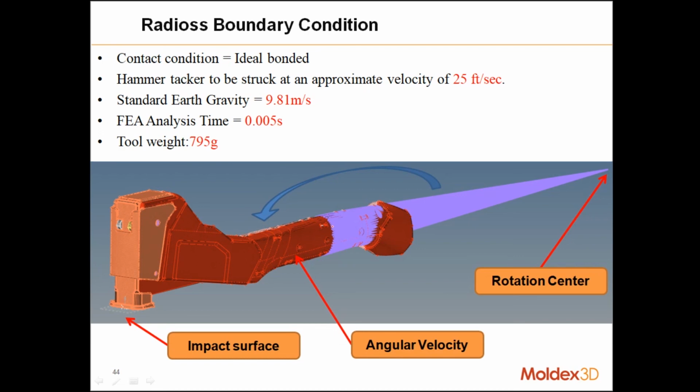And in order to mimic the way we use this tool, what they have done is set up the BC with 25 feet per second angular velocity and also a rotation center, as you can see, as a reference coordinate.